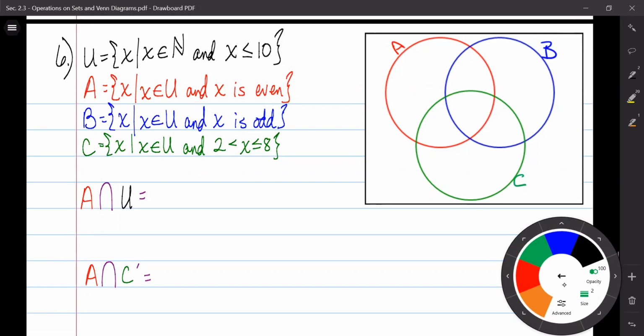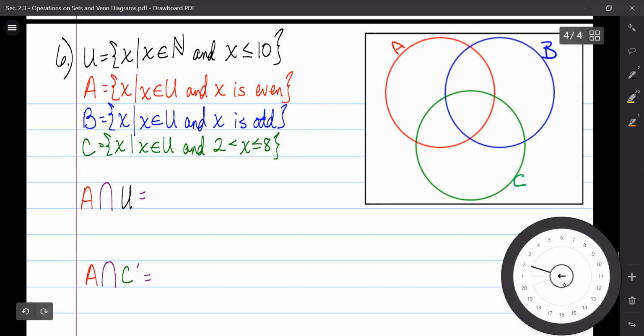Let's see here. So our universal set is the natural numbers up to 10. You might like to write these out using a roster method.